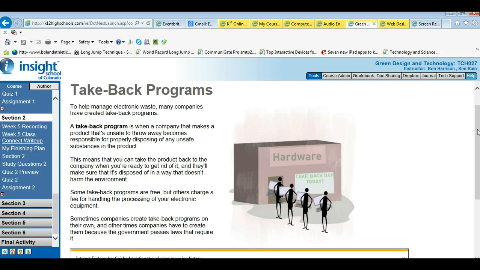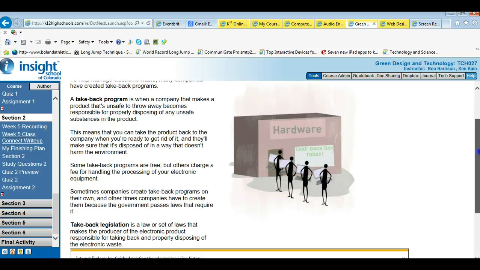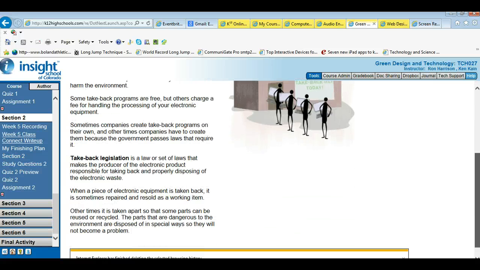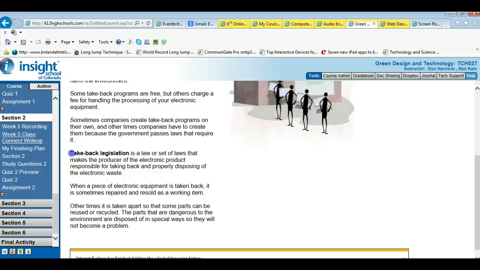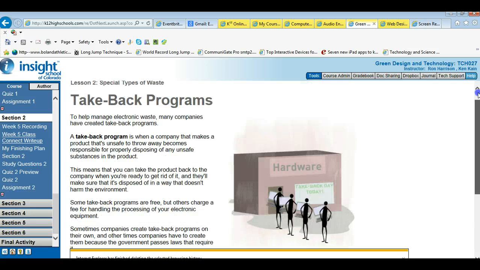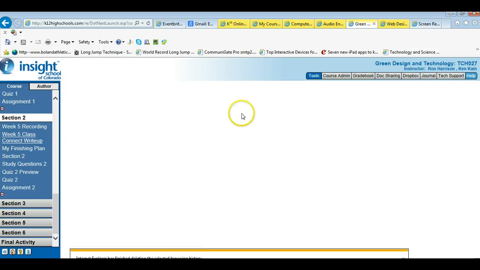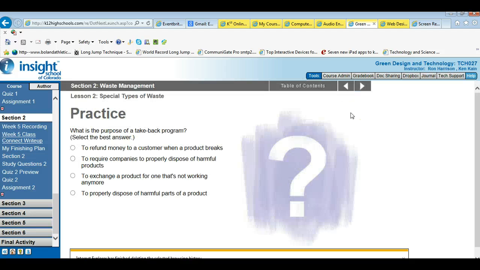At Best Buy, I think, if you buy a monitor, you can turn your old monitor in for free. There are some really interesting things there, and you can see the government is starting to get involved in this, setting laws that make companies responsible for taking things back. Of course, maybe they're stepping in too far. Who knows? Practice to see what you know about take-back programs.